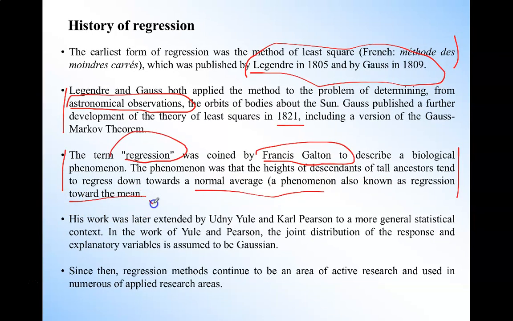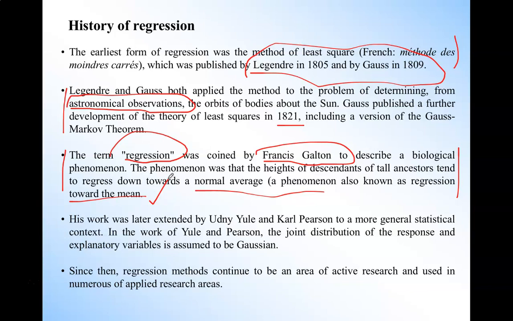And this is what we are doing until today in the regression function. We regress based on the sample, and we find an average of the sample, so the regression is towards the mean. The mean, the average, is the important information for the regression function, especially. So these are the basic building blocks of where regression comes from and how it developed until today.